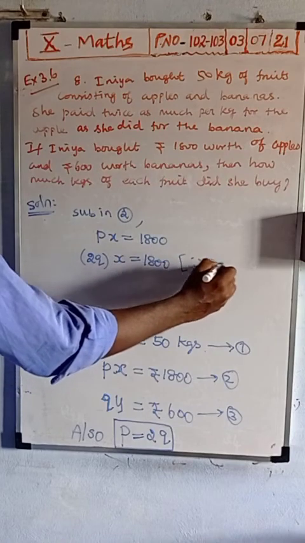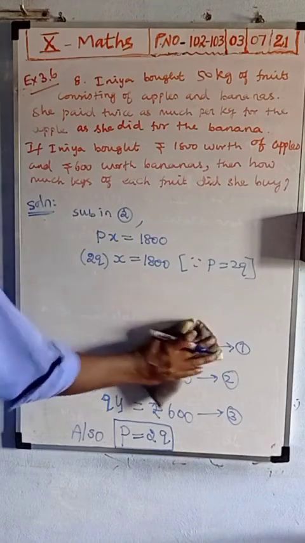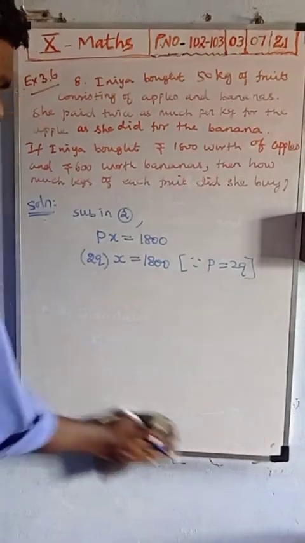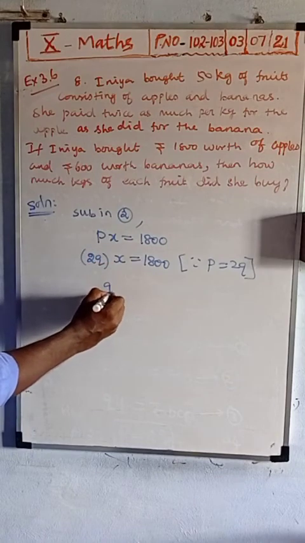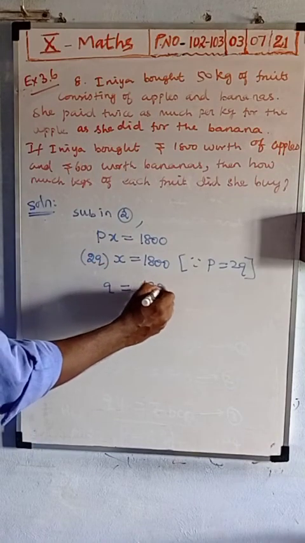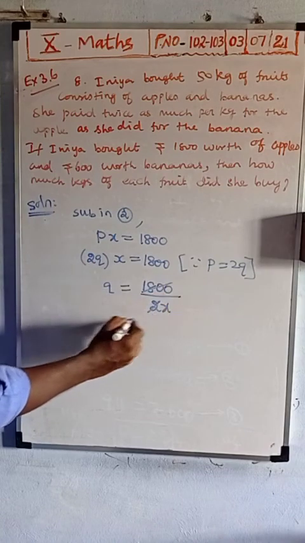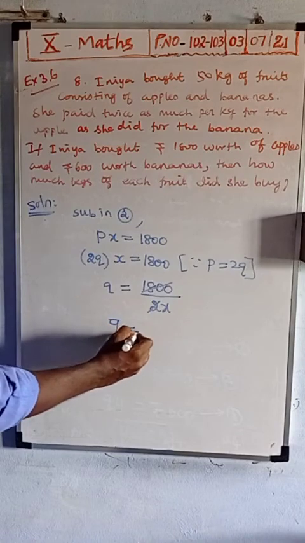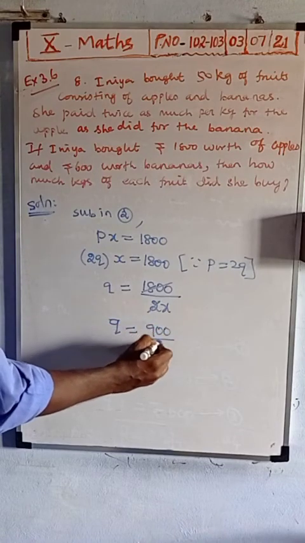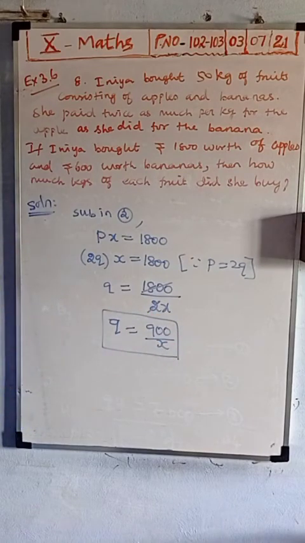Here you want q, so q is equal to 1800 divided by 2x. The 2 cancels with 1800, so q you will get as 900 divided by x.